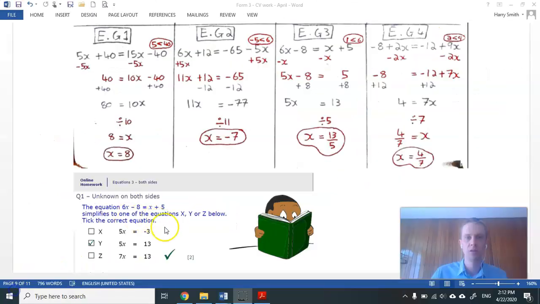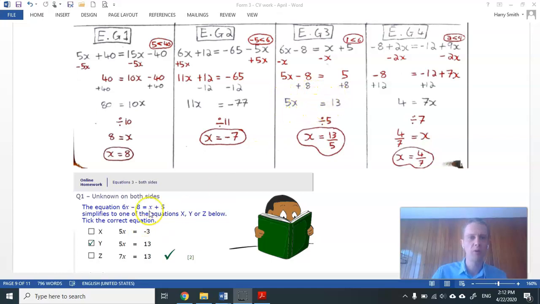Okay. Just looking at the first worded question, just to make sure you understand that one there. The equation 6x minus 8 equals x plus 5 simplifies to one of the equations x, y, or z below. Tick the correct equation. It would be the 5x equals 13, which we saw in example 3 there.